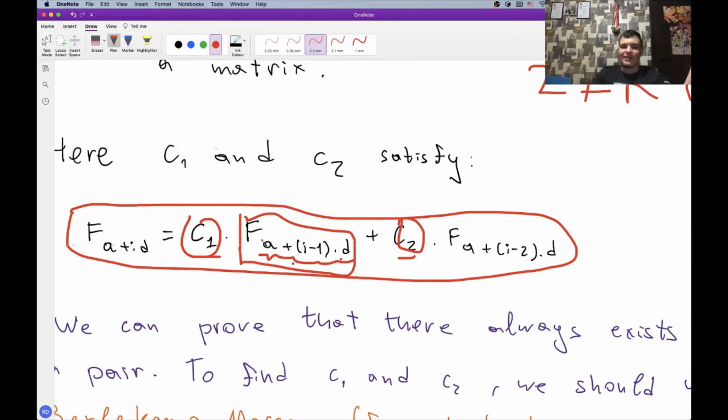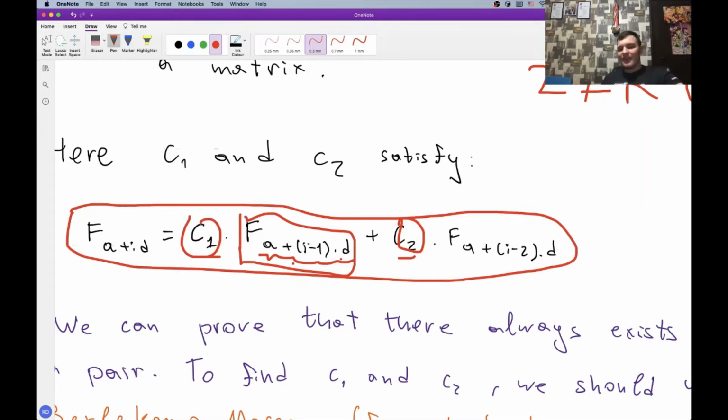The problem is that here, if we just use the normal definition of Fibonacci numbers, we'll just decrease this ugly index by 1 and 2. And this won't really help us because we want to decrease the inner part with the i.